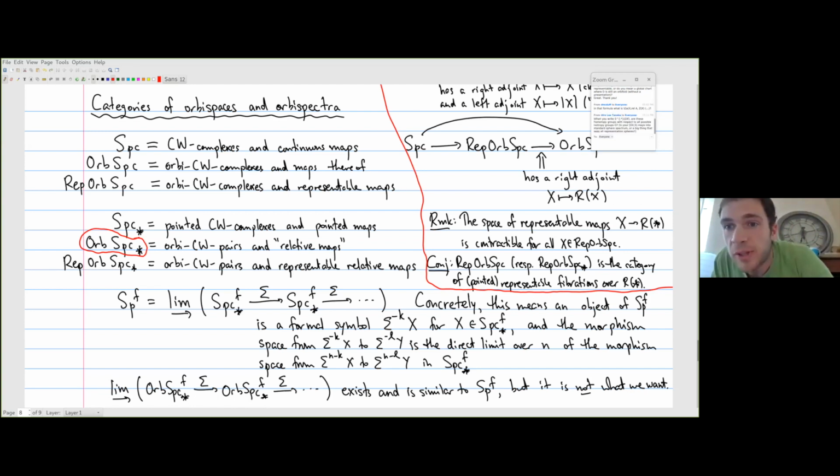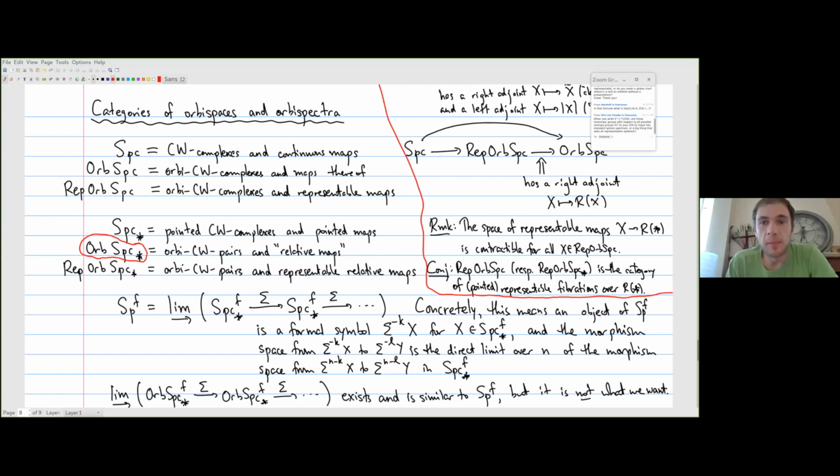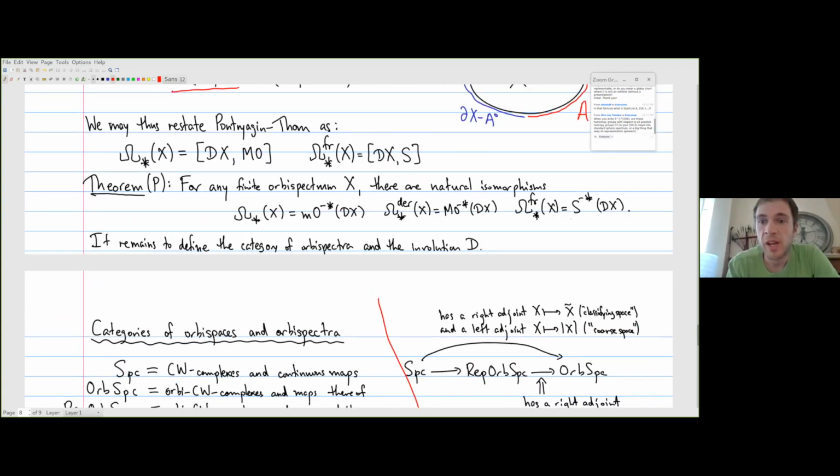Let's see. Right, question. So you're asking about this notation here. This just means, modulo not having defined the dual yet, the cohomology in the sense that I defined above.